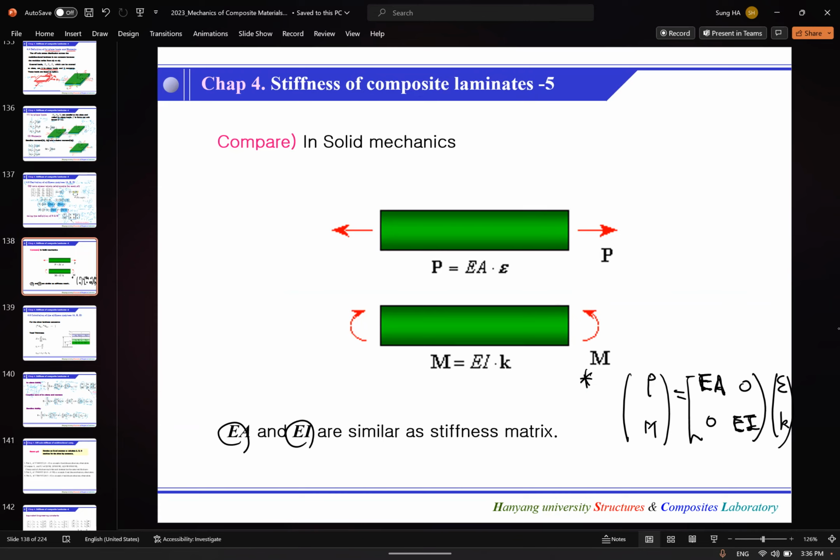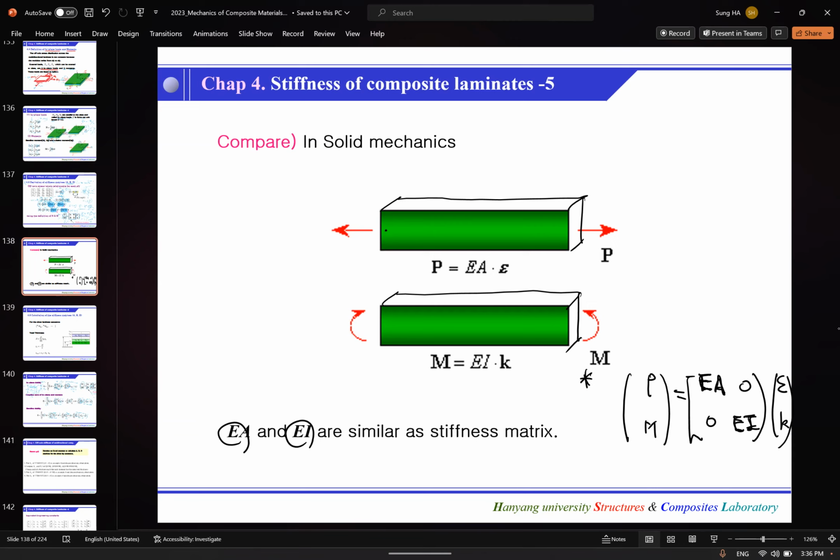It gives us the concept. Now, depending on these materials and layup, again, this is just a simple one-dimensional case, like the beam. I'm sure all of you are familiar with these relations.